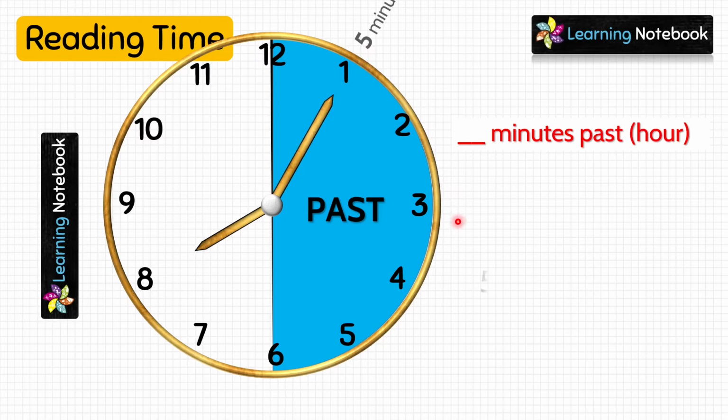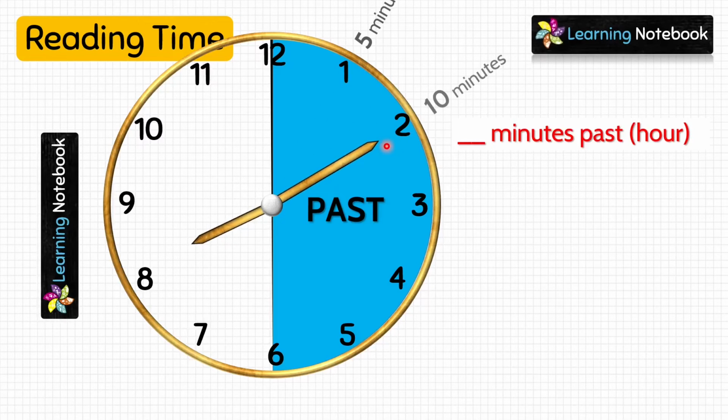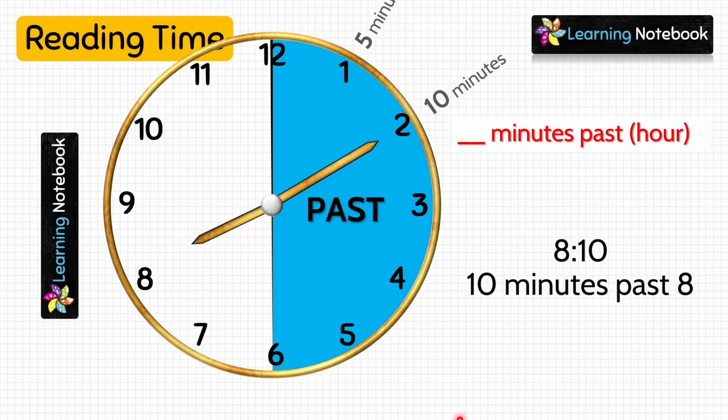So, we will read the time as 8:05 or 5 minutes past 8. Next, when the minute hand moves to 2, 10 minutes have passed. So, we say time is 8:10 or 10 minutes past 8.